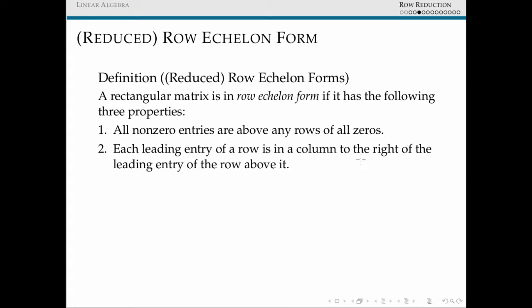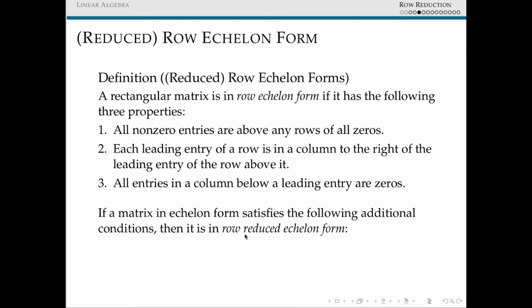So we'll see a couple of examples of this in a second. And finally, all entries in a column below a leading entry are 0.